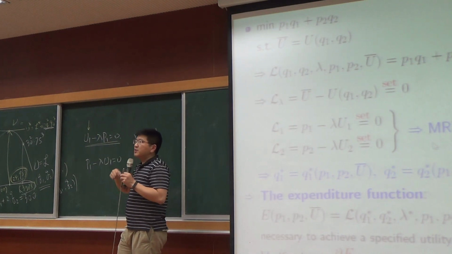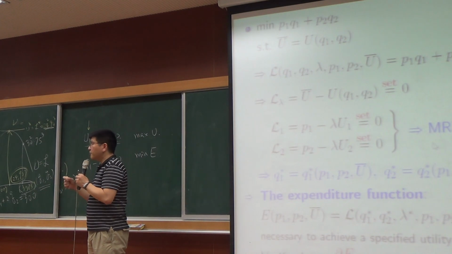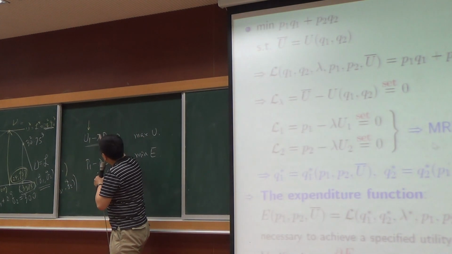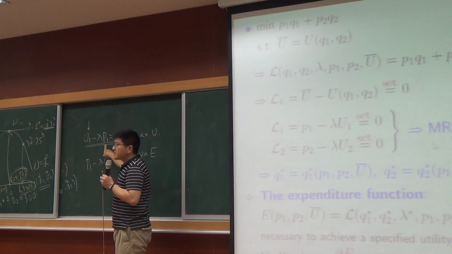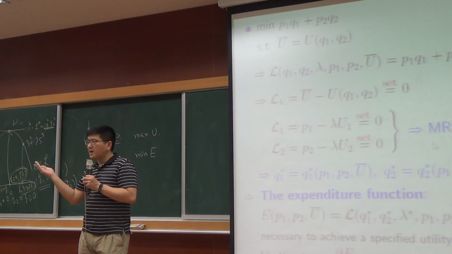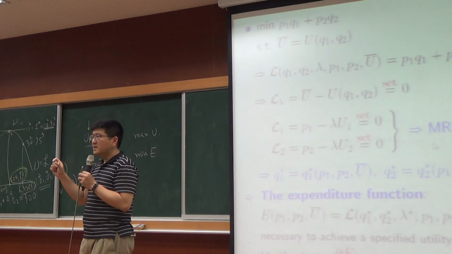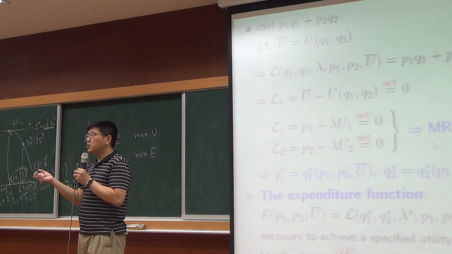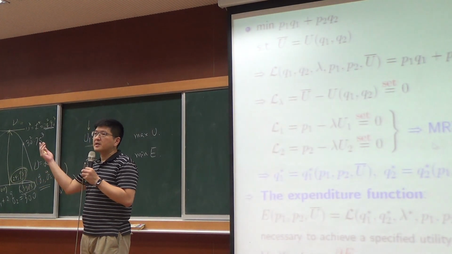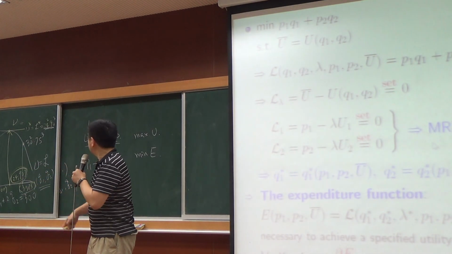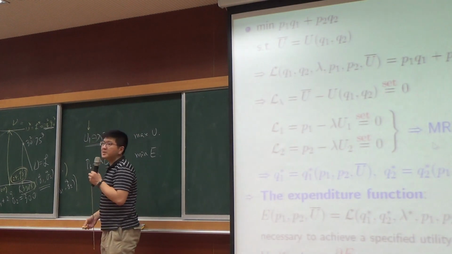However, if we buy 1 more unit of Q1, we got to pay P1, which means our income will be cut by P1.